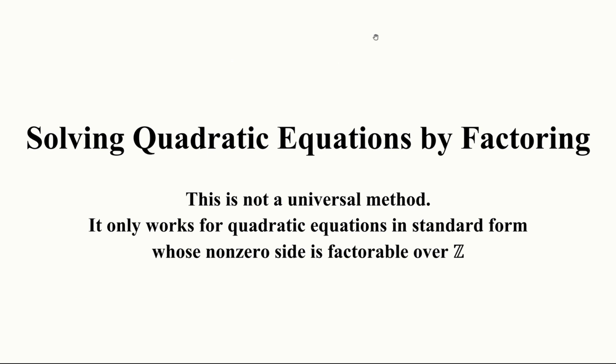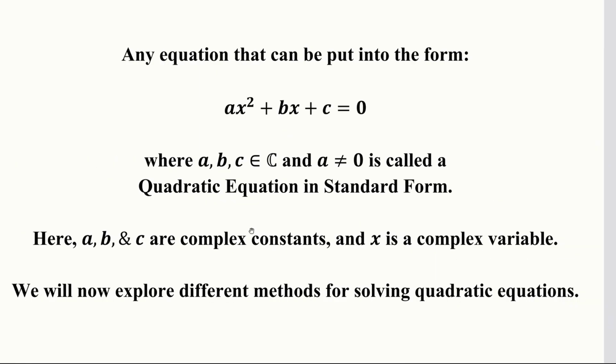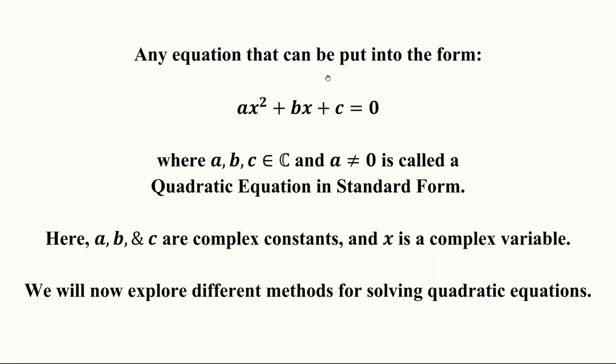One of the first methods introduced in algebra for solving quadratic equations is the method of factoring. Now, this is not a universal method, in that it only works with quadratic equations in standard form whose non-zero side, remember, the other side is obviously 0, is factorable over the set of integers.